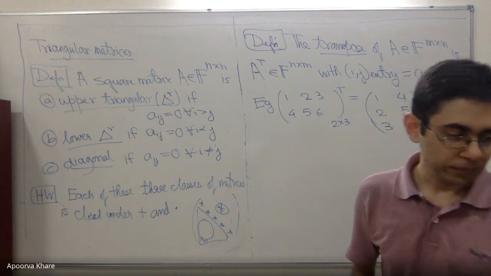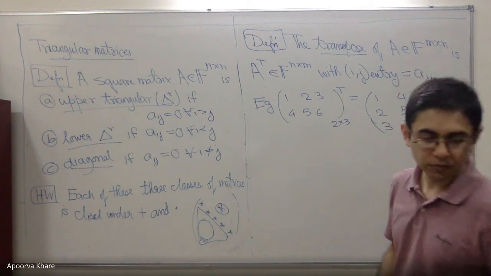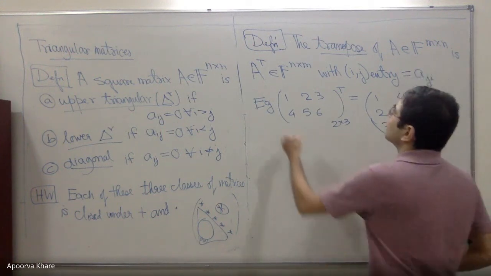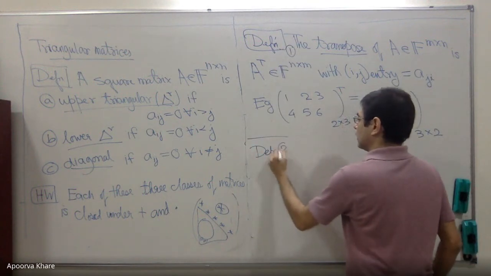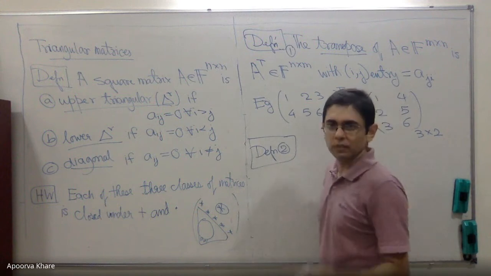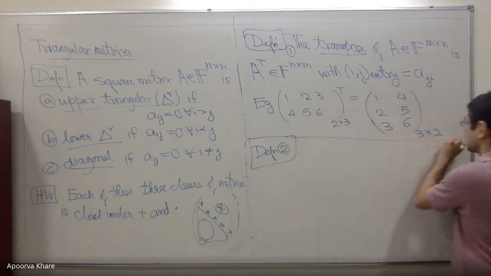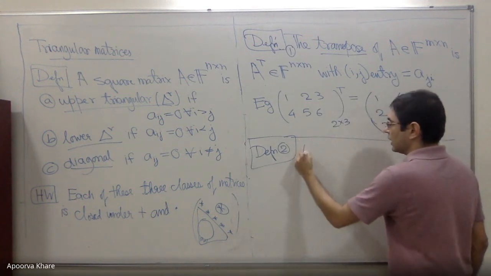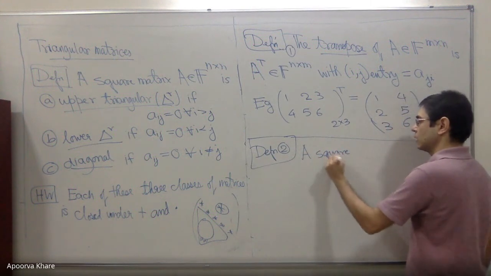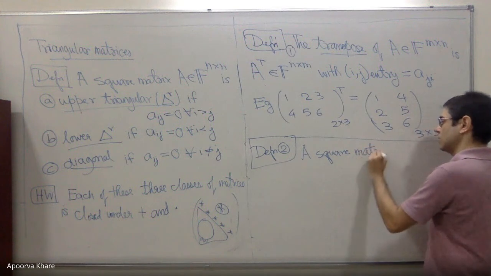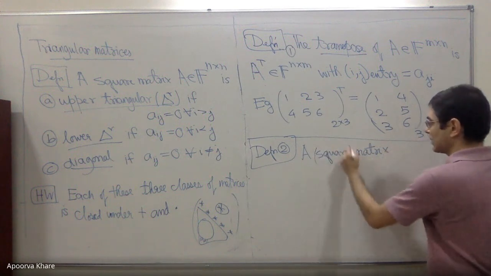Okay, so let me tell you now some properties of this transpose. Maybe I'll tell you one more definition while we're at it. I may or may not use it immediately. We will see this at the very end of the class. So let me tell you. A in F, a square matrix. So I don't need to say square, but I may as well.